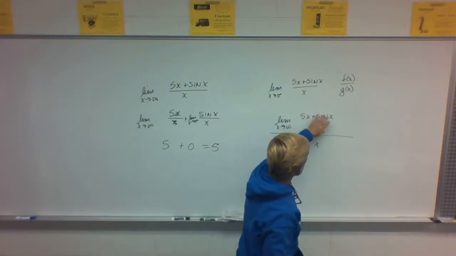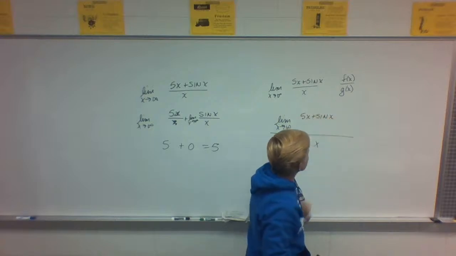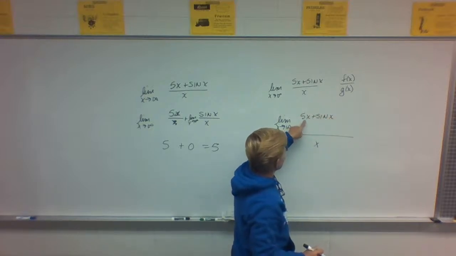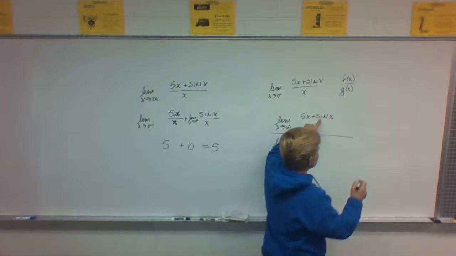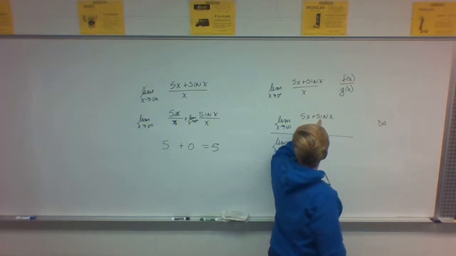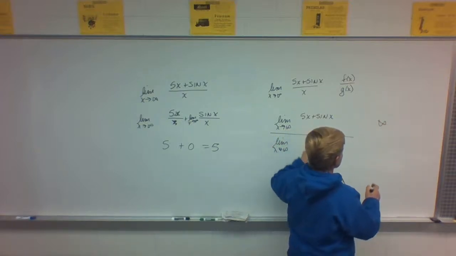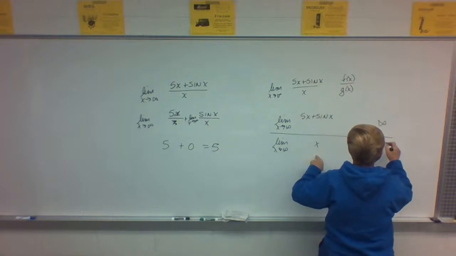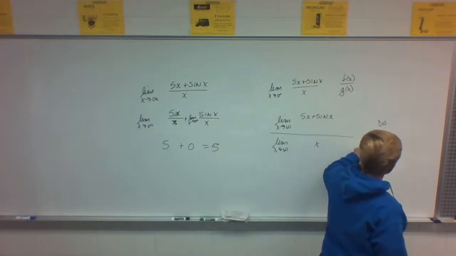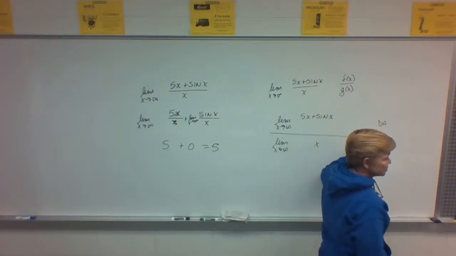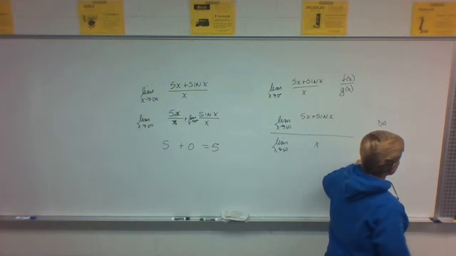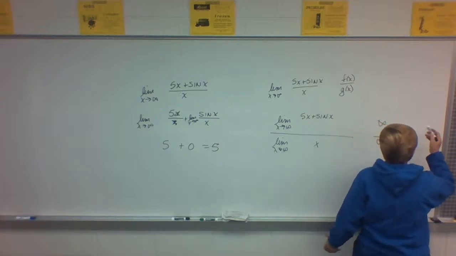If I consider this as a single function and take its limit, that's going to be huge plus a little bit, so I get infinity. And this is going to be huge, but not as huge as that. That's still infinity. And what is infinity divided by infinity? It's not 1 because it's not the same size as infinity. So we can't determine it.